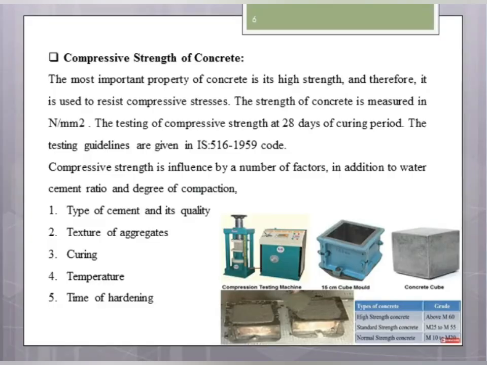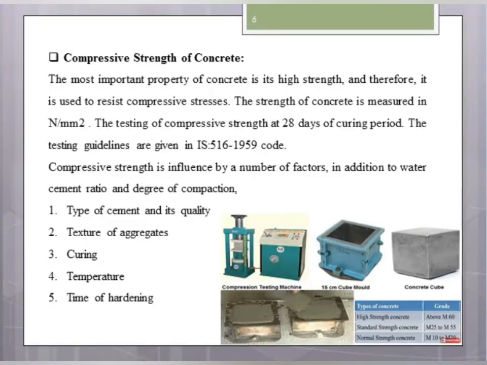The most important property of concrete is high strength, and therefore it is used to resist compressive stresses. Whatever the external loading coming on the concrete, internal resisting stresses are developed to resist that compression load. The strength of concrete is measured in Newton per mm square.